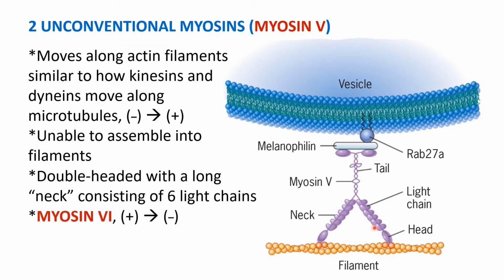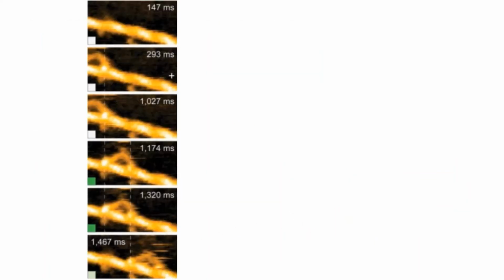And then the equivalent of the dyneins would be myosin 6, which moves from plus to minus direction in actin filaments. So here we can see a picture of a fast-moving myosin 5 molecule.